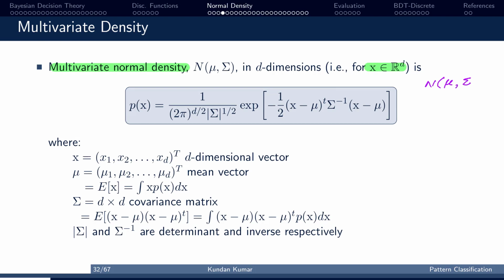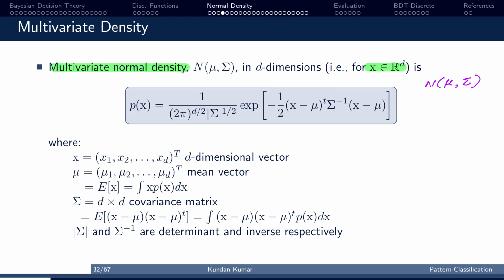So instead of variance, we will have the covariance. The covariance is basically a matrix, and it tells us how two different dimensions are related to each other.